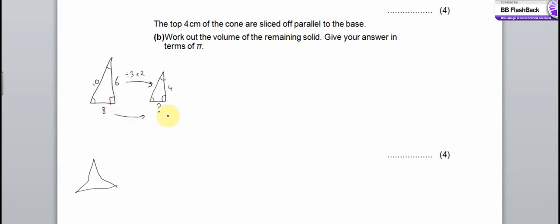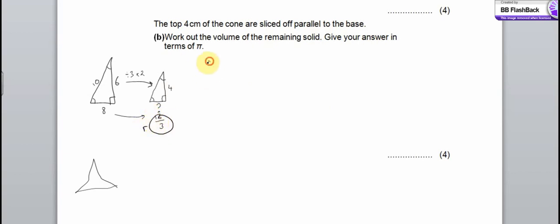What you end up with is a value of 16/3. Not very pleasant. And you can see, just to highlight this, if you divide 6 by 3 you'll get 2, and then 2 times 2 is 4. 8 divided by 3 is 8/3, and if you double it, times it by 2, you get 16/3. Anyway, we now know what our radius is. So this is our radius.